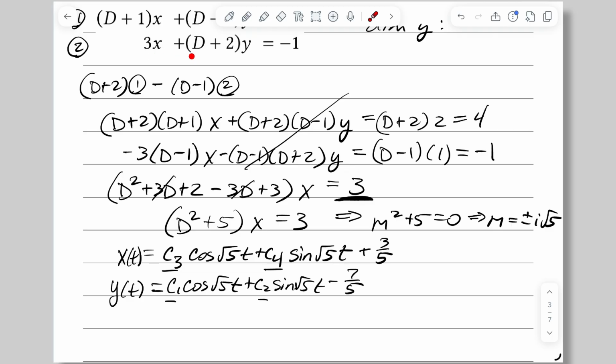3x plus d plus 2 acting on y equals -1 is as good a candidate as any.